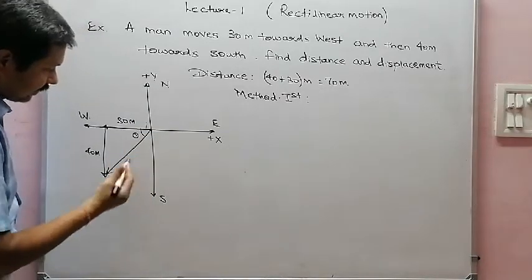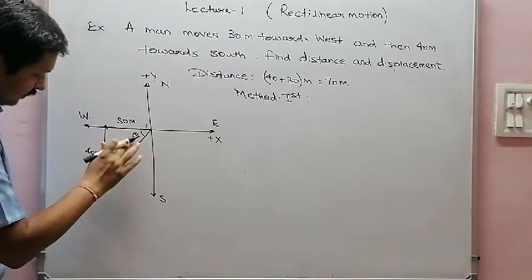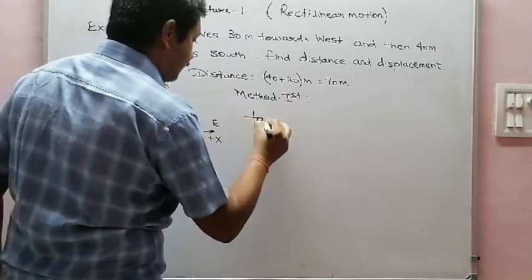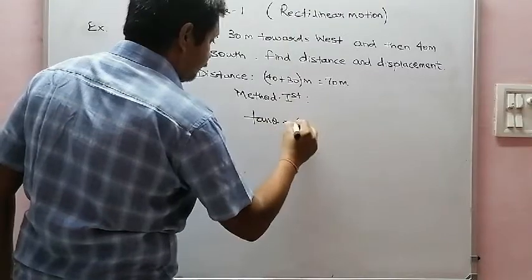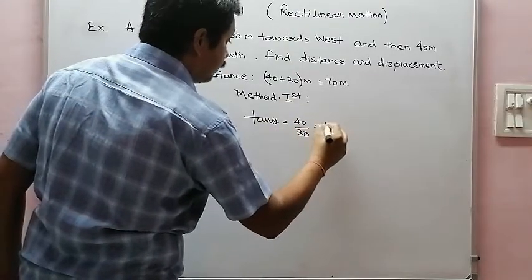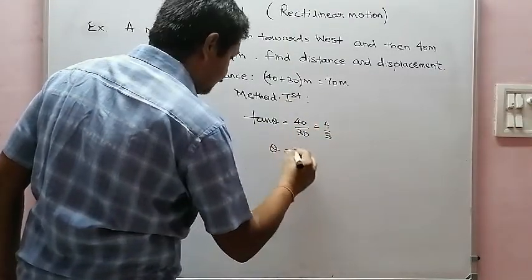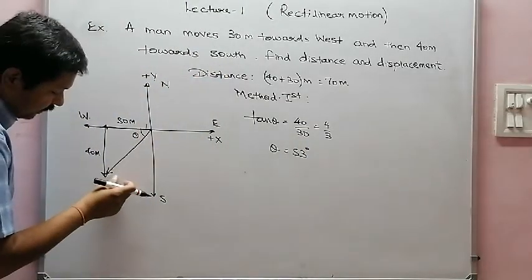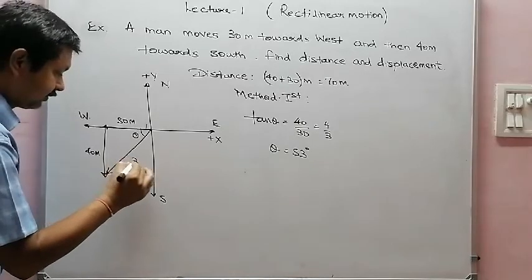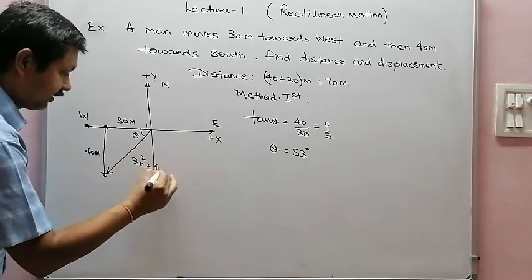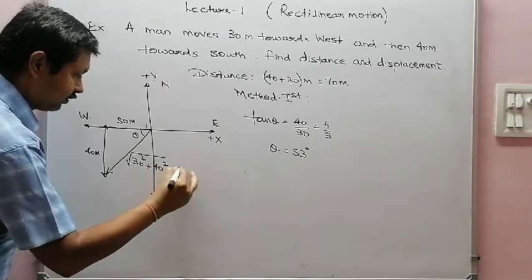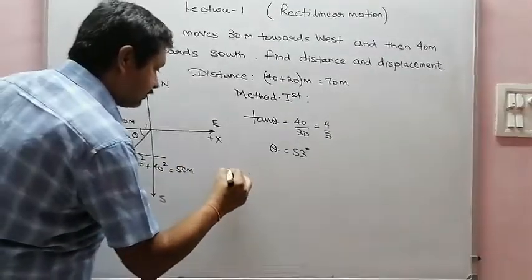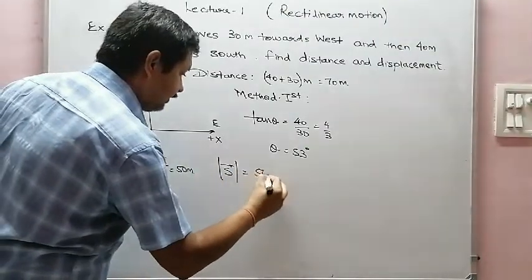Since this is a right angle triangle, the side opposite to theta is perpendicular, then base, hypotenuse. Again tan theta is 40 by 30, that is 4 by 3. So theta becomes 53 degree. Since this is the hypotenuse, it will become the square root of 30 square plus 40 square, that is 50 meter. So displacement is 50 meter.